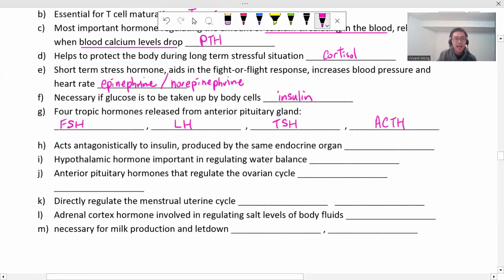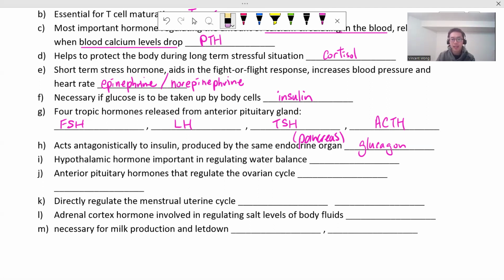This hormone acts antagonistically to insulin and is produced by the same endocrine organ. Antagonistic to insulin is glucagon. That endocrine gland, of course, is the pancreas. Next, the hypothalamic hormone important in regulating water balance.